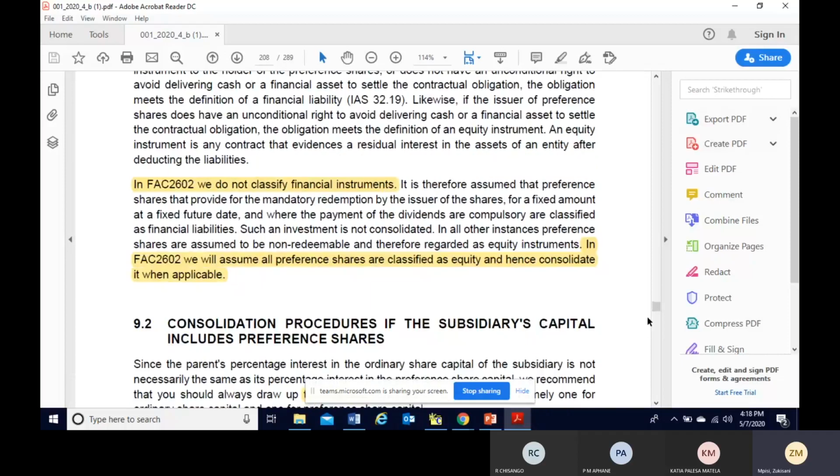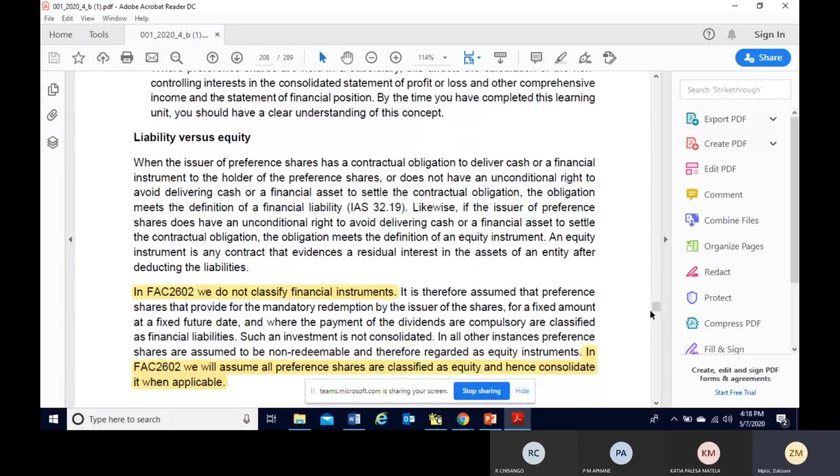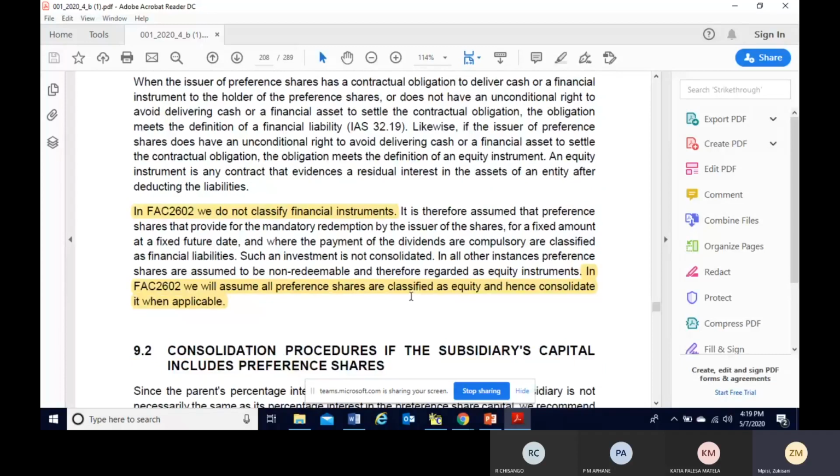But the most important thing for you to know is that a preference dividend holds both the liability and an equity. So it is a financial instrument, but in this syllabus of your FAC2602, we do not classify financial instruments. It is assumed that preference shares that provide monetary redemption by the issuer of shares for a fixed amount at a fixed future date, where payment of dividends is compulsory, are classified as financial liabilities.